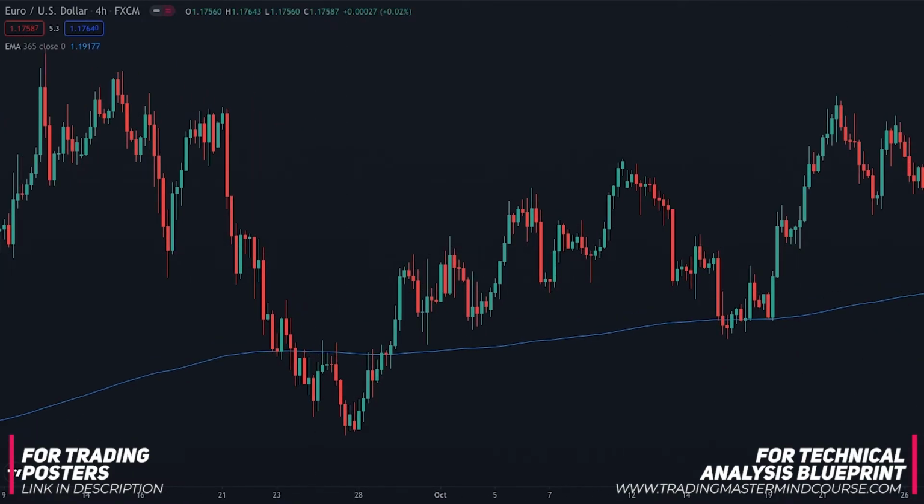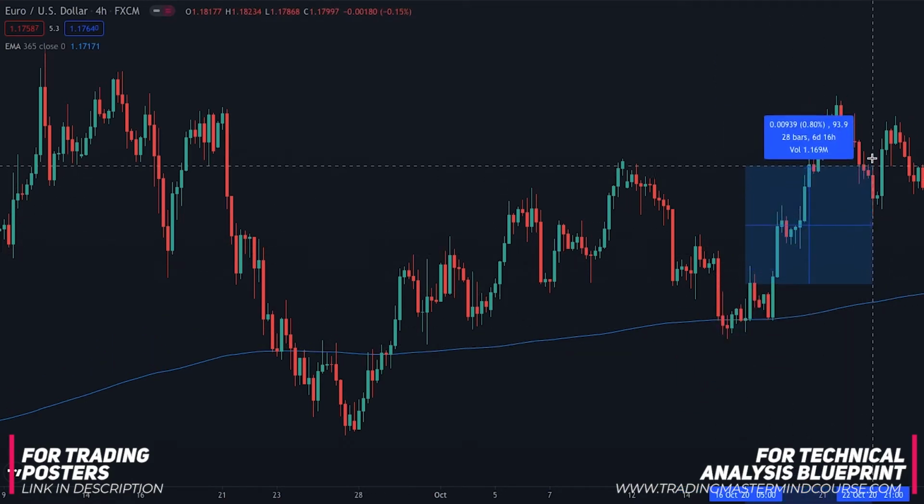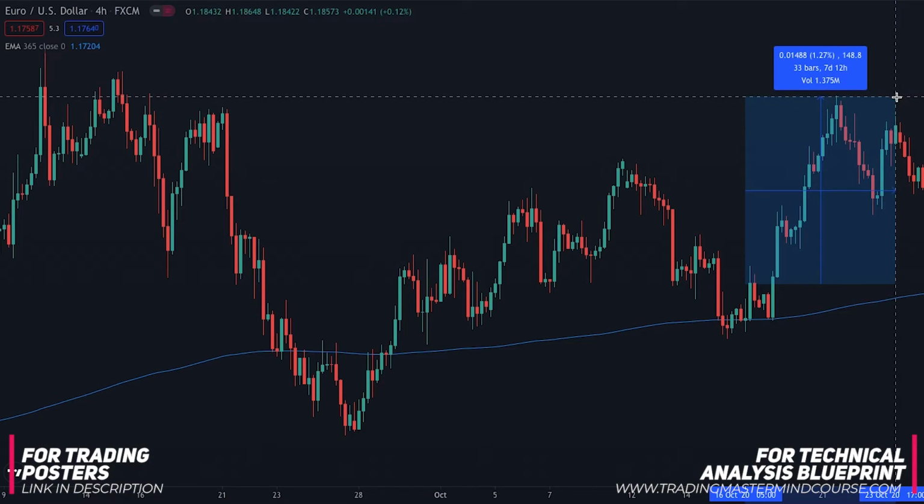From here, we could have bought if you are an aggressive trader. It is not the most perfect signal, but if you are an aggressive trader and you're looking to actively trade, you can take this trade. Stops around 50 pips, and as you can see, the profit potential on this trade was massive.